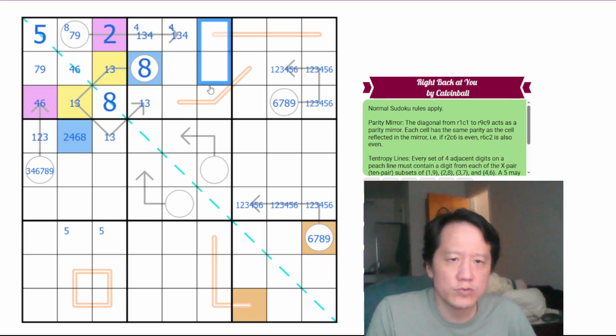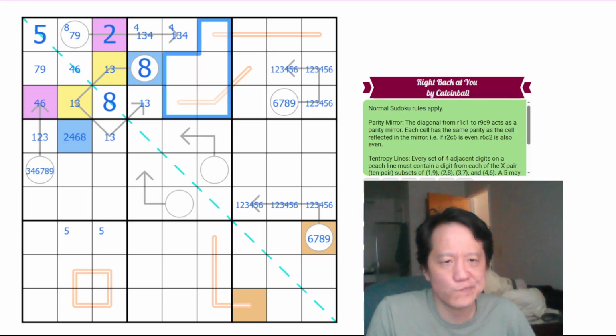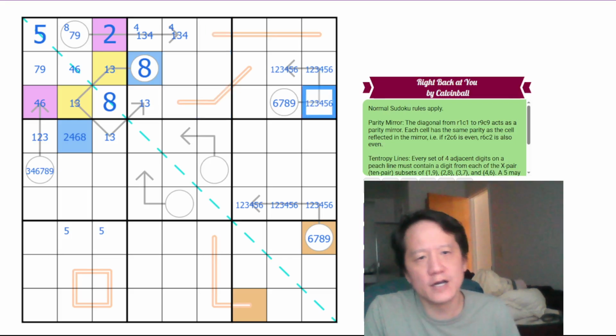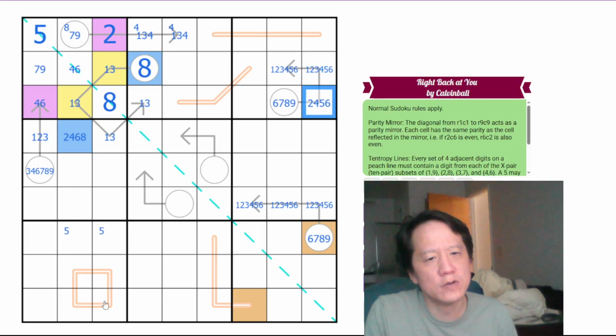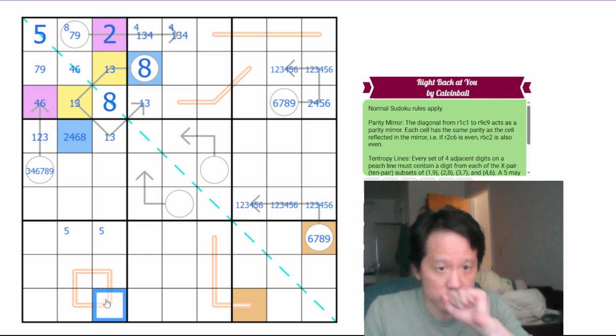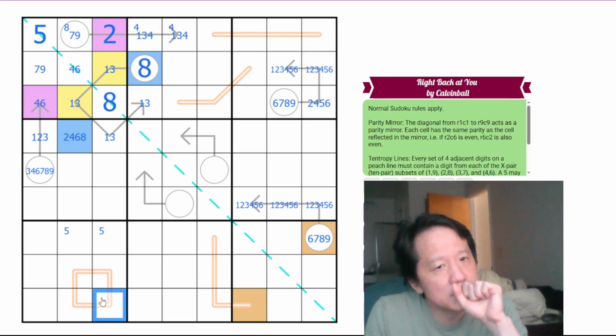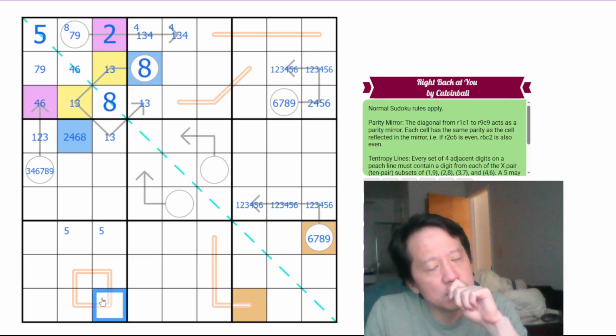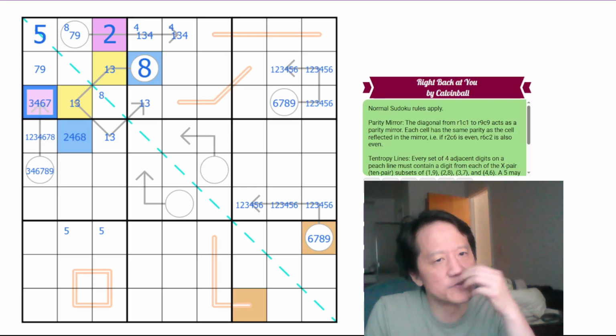What would these digits be? Well, you would not have 1 or 3 here. That seems fine.